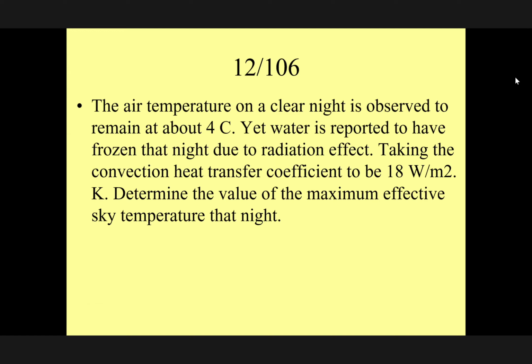Okay, how can I solve the problem? He's asking what the temperature of the sky should be in order for this process to take place. Well, we can take the surface of the water at 0 degrees. Write down the equation, sir. Yep. Please.